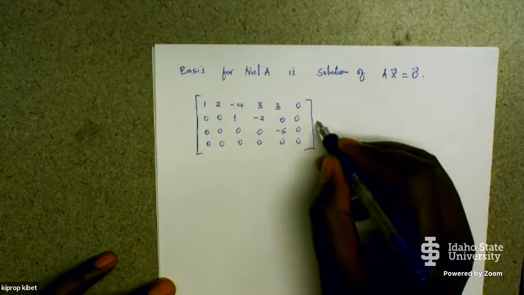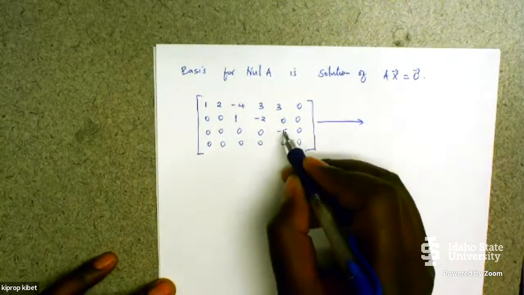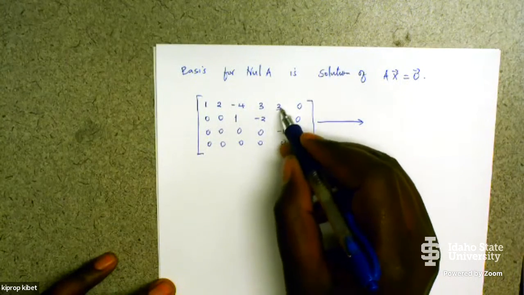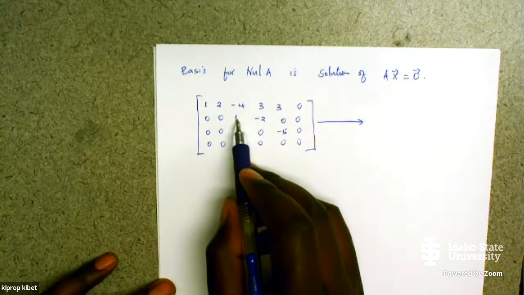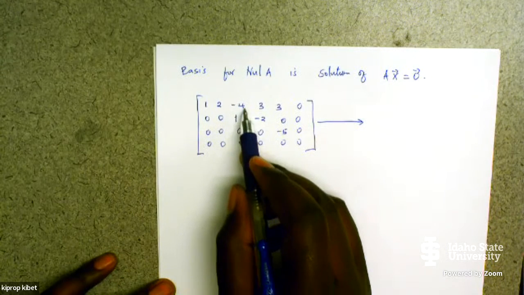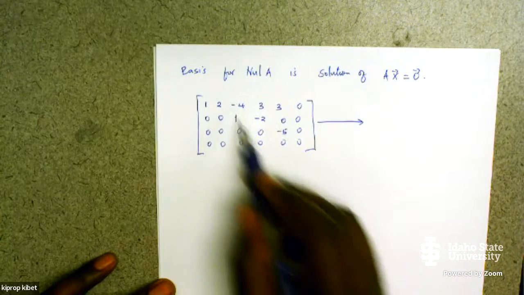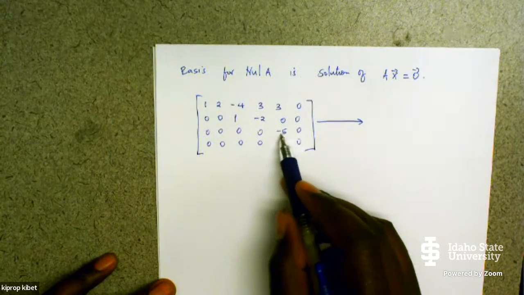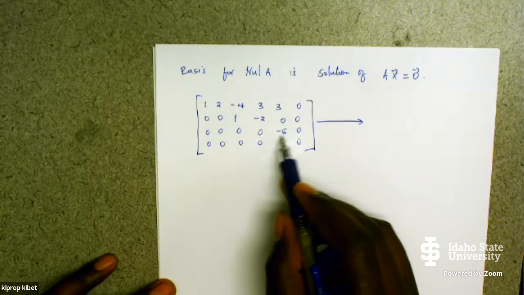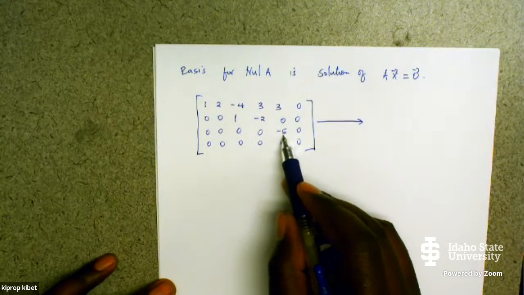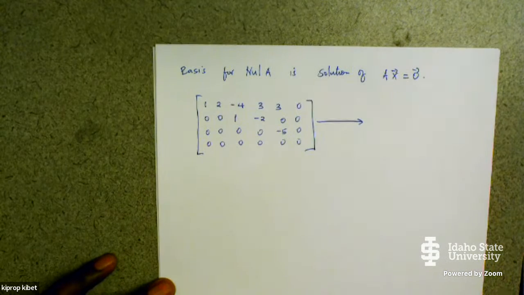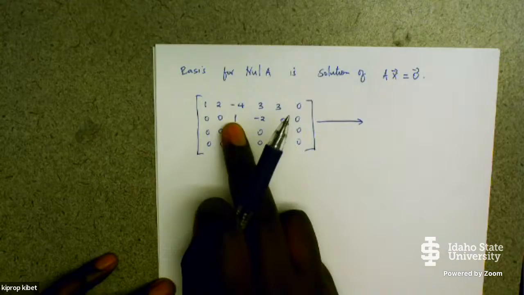So in this case, we have a pivot position here, so we need to make this one 0. We have our pivot position here, so we need to make this one 0. Before that, you even need to make this one 1, so you divide by minus 5. Again, this is 1 already.